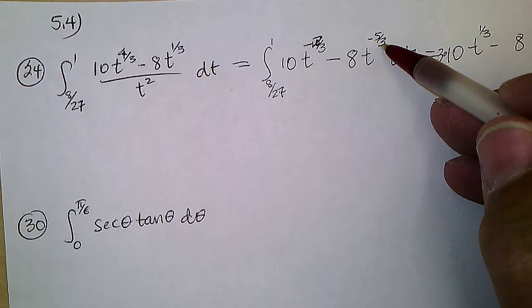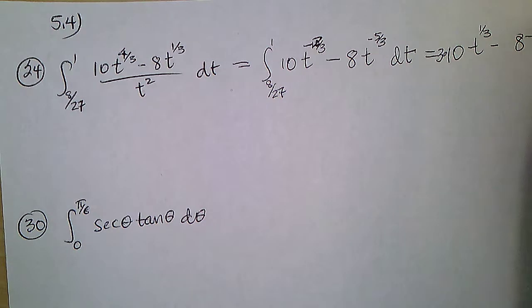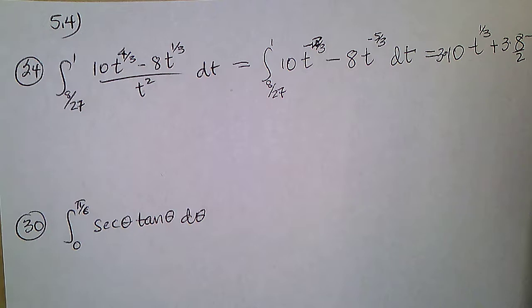And if we raise this by 1, it becomes minus 2/3. And divided by negative 2/3, so the negative makes that positive, and multiply by 3/2, so that would turn that to a 4. And I'm evaluating, so I don't go plus c, from 8/27 to 1.